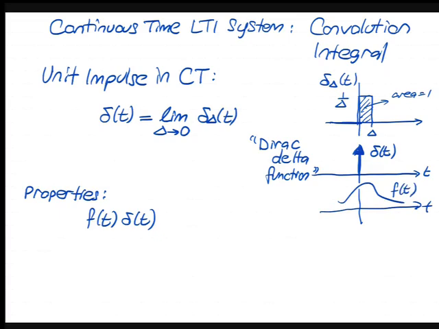What comes out as a result? Well, delta is 0 always, except at that one point. So whatever f was at any time other than time equal to 0 doesn't matter. It's going to get killed by delta. So what do you think will happen?